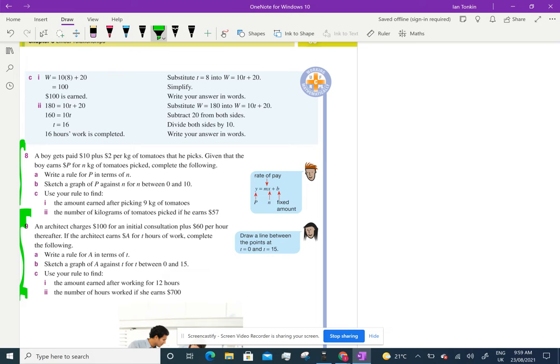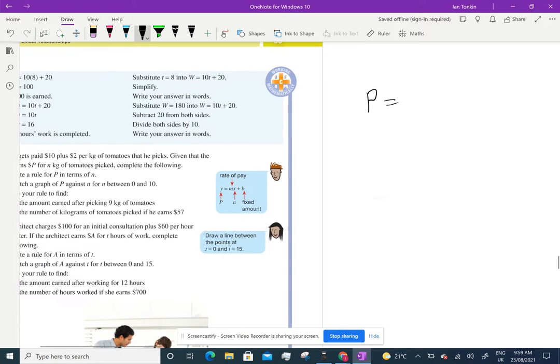So here we have someone who's getting paid $10 an hour plus $2 for every kilogram of tomatoes that he picks. So how do we write this? Write a rule for P in terms of N. This is how much he gets paid.